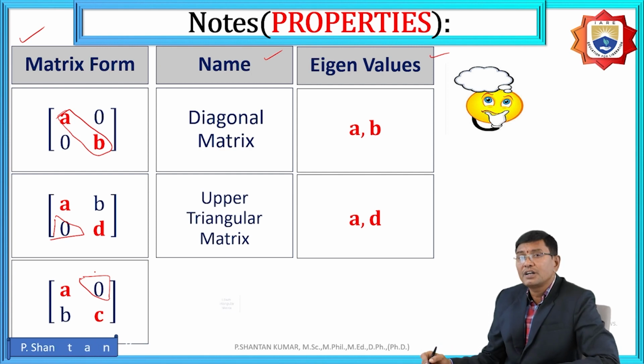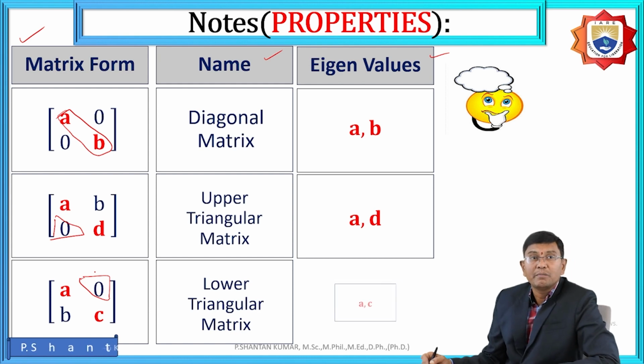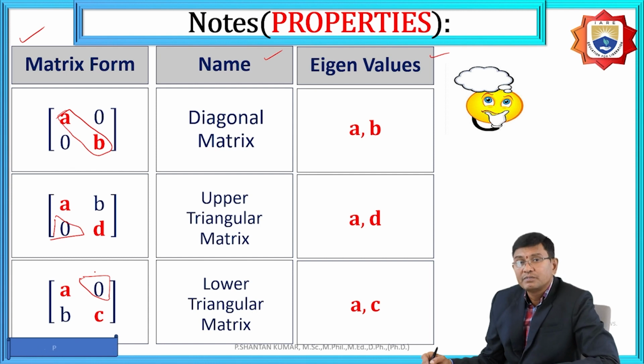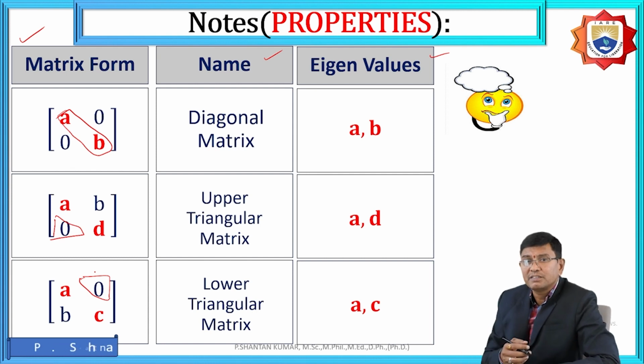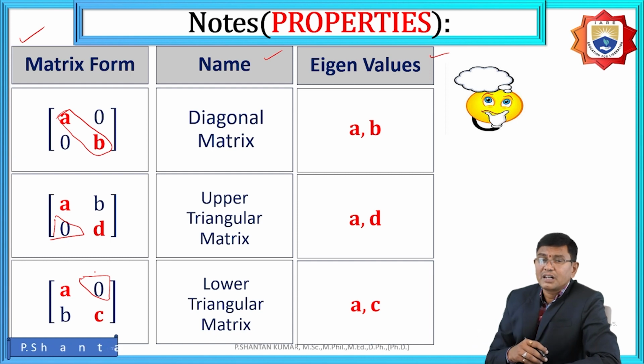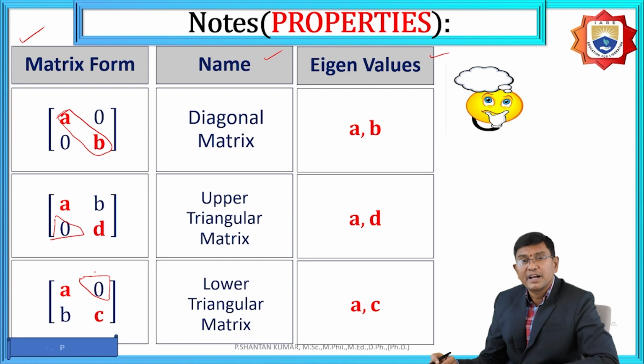For a lower triangular matrix, the eigenvalues of the given matrix are also the diagonal elements. Here a, c are the diagonal elements. Based upon these observations, we can identify the eigenvalues: for diagonal, upper triangular as well as lower triangular matrices, the diagonal elements are the eigenvalues of the matrix. This condition must be satisfied.